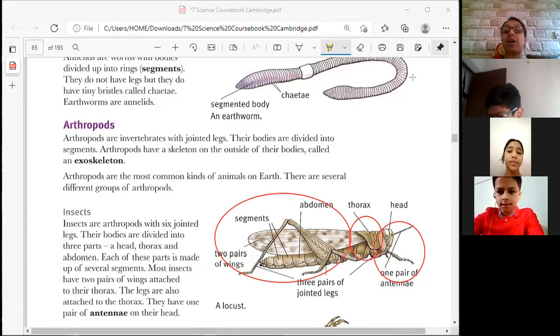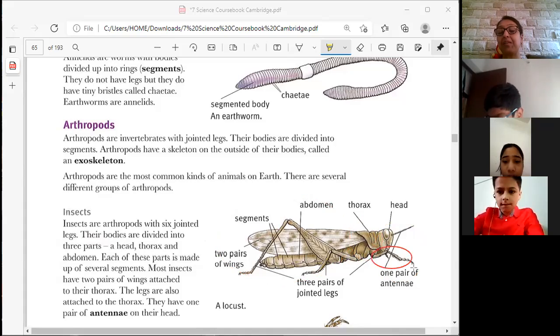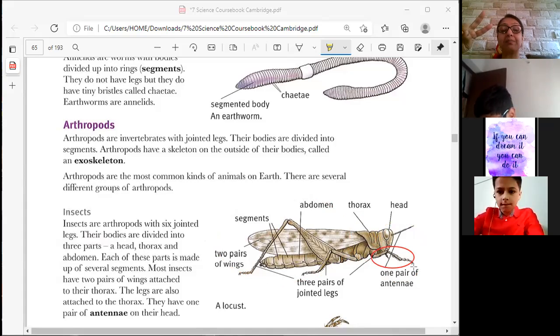Now when I say 6 joint legs, it means one pair is here. One on this side, one on the other side. So that makes 2 legs. Then look at the second one. One on this side, one on the other side. So now they have become 4 joint legs. And the last one you can see here.